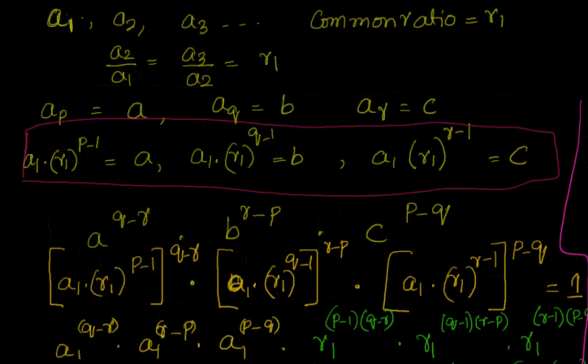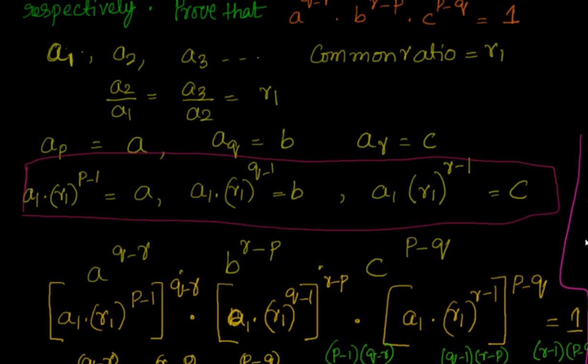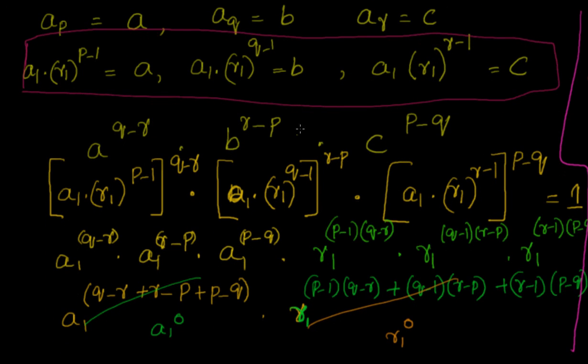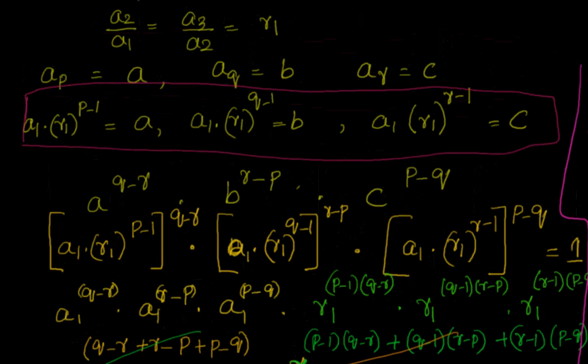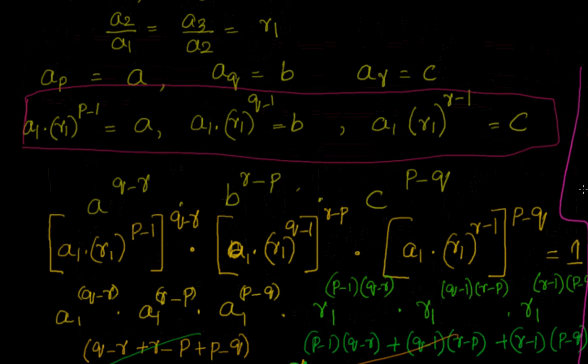So how have we proven this? We have taken a geometric progression and said that the pth term is a, the qth term is b, and the rth term is c. So we have substituted in the formula an equal to a1 into r1 to the power of n minus 1, where a1 is the first term and common ratio is r1. After that we got the values of a, b, c in the formula.